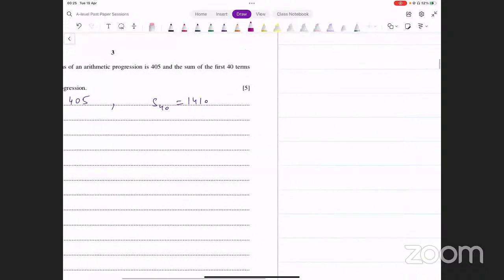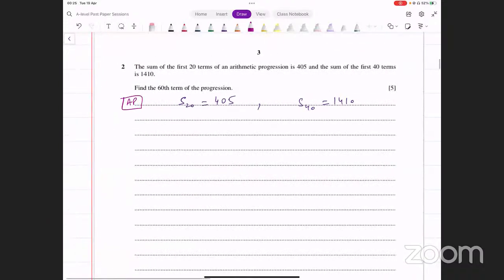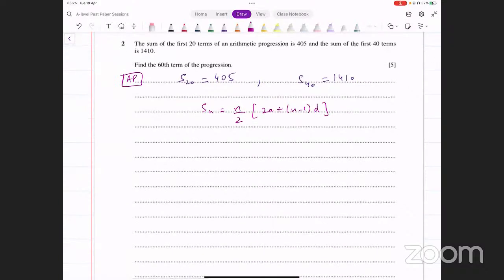Let me write down that formula on the side here. Sn equals n over 2 into 2a plus n minus 1 times d. ये आपके पास sum का formula. दोनों के ऊपर apply कर दे, 2 equations आ जाएंगी. We'll find the values of a and d from that. ठीक है. उसके बाद फिर आप 60th term find कर सकते हो using the term formula. Let's make 2 equations.